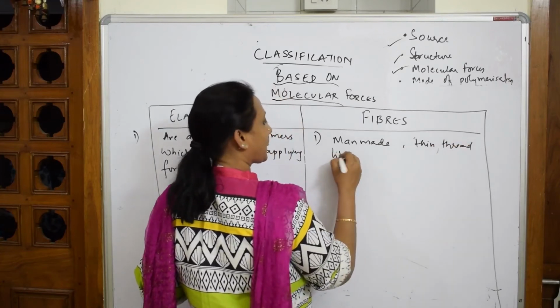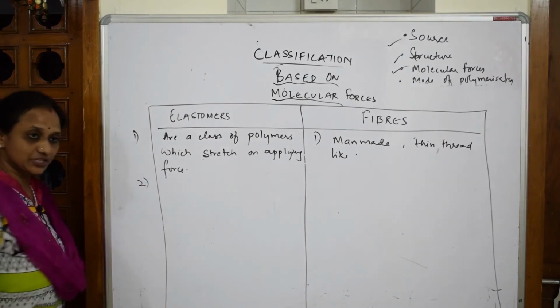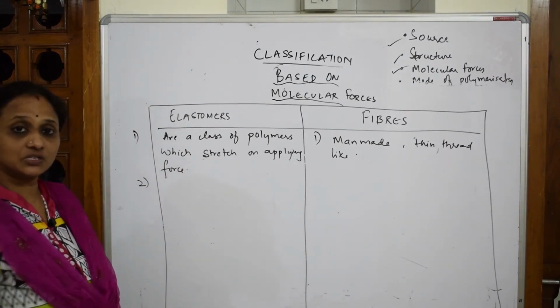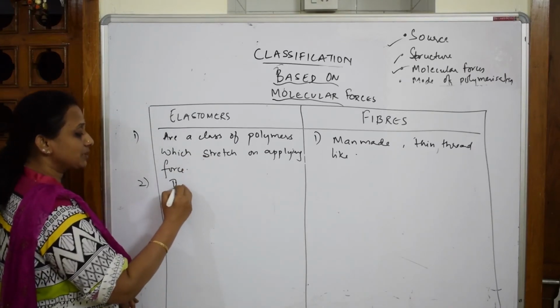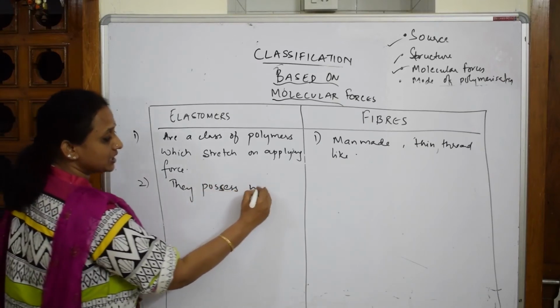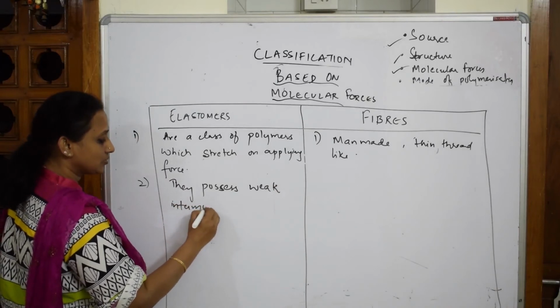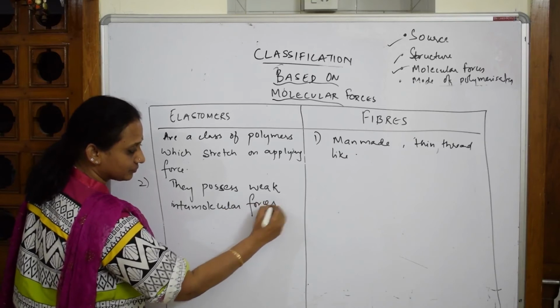Done. When I speak about molecular forces, I have to concentrate more on forces. Why are they stretching? What is the force present in them? This property is basically due to weak intermolecular forces of attraction.